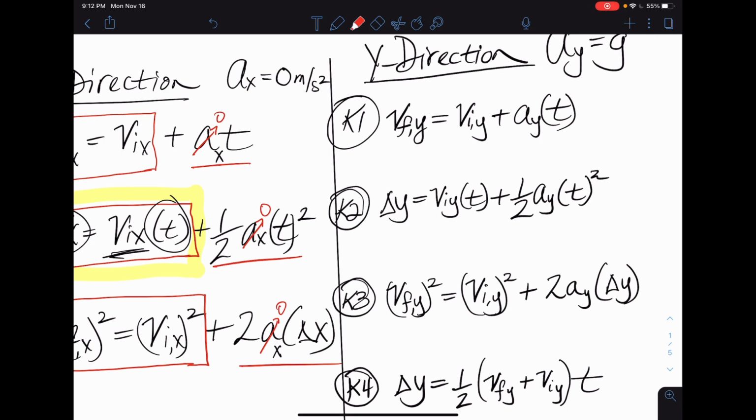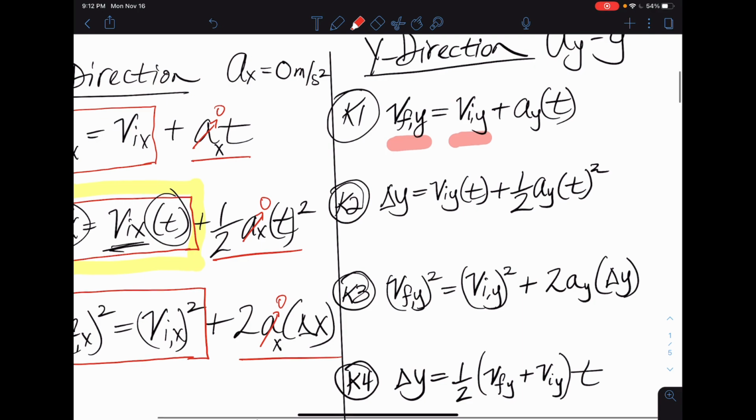We could, but we'd have to rely on the fact that VFY and VIY are symmetrical, that VFY would equal the negative value of VIY. So that would be a negative 70.71. So that would work. If we use K2, could we do that? It's worth a try. I don't know.